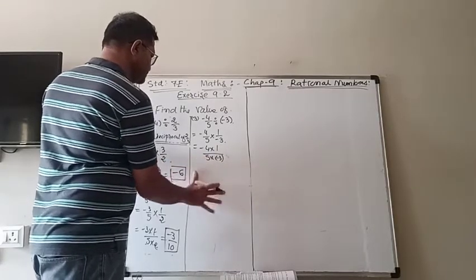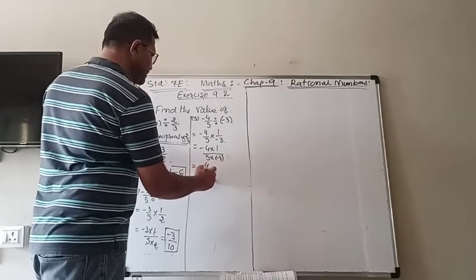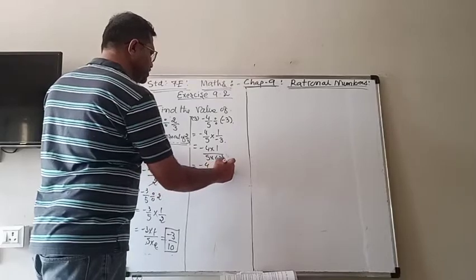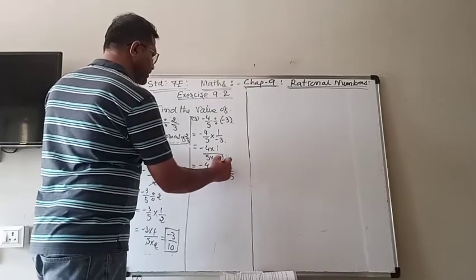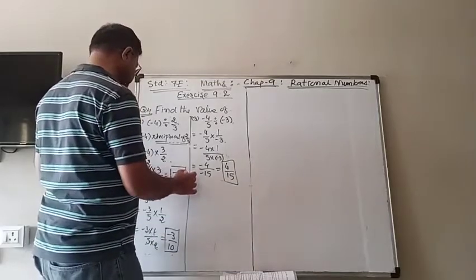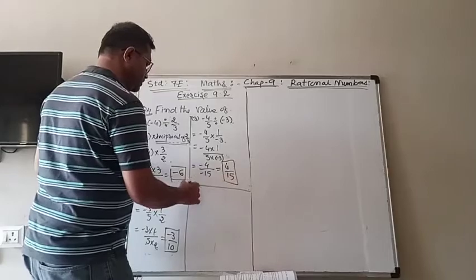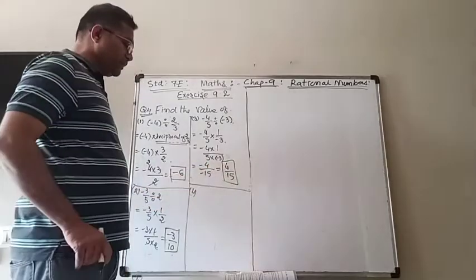But we know that when there is a minus sign in both numerator and denominator, we can cancel it. So it will be plus 4 upon 15.